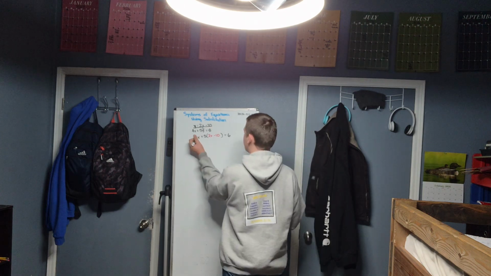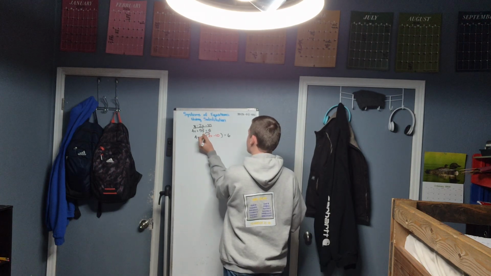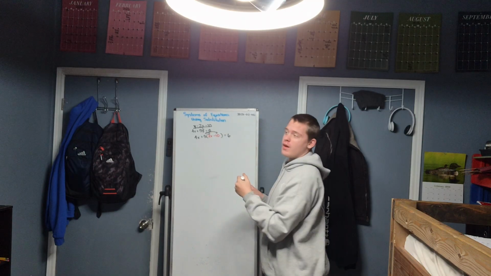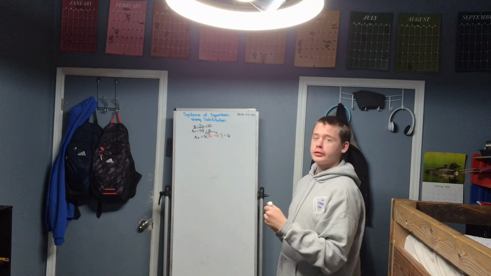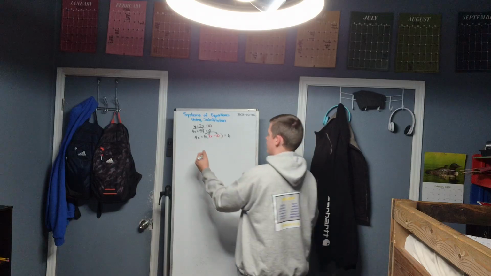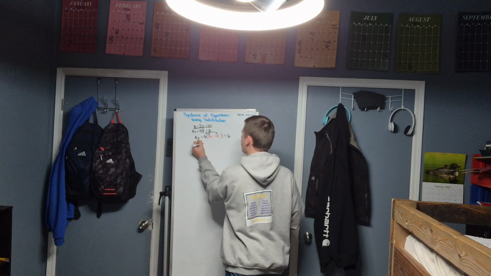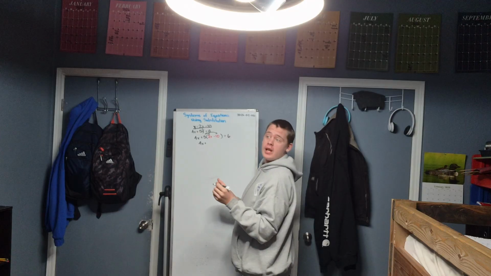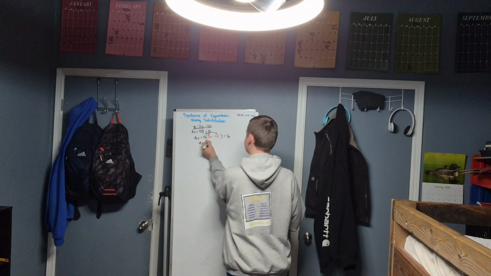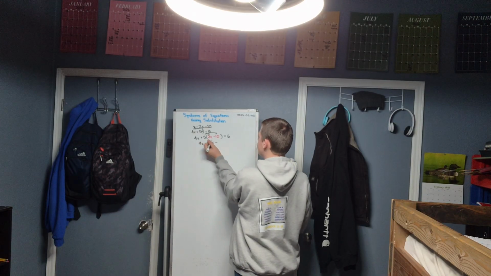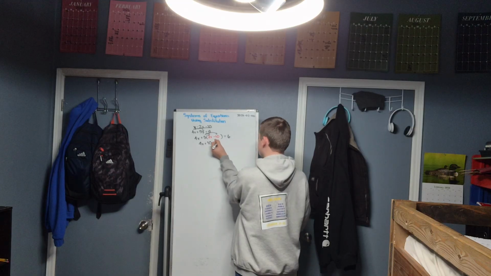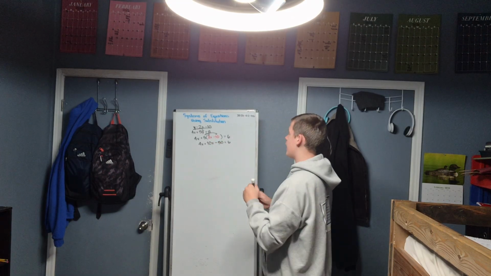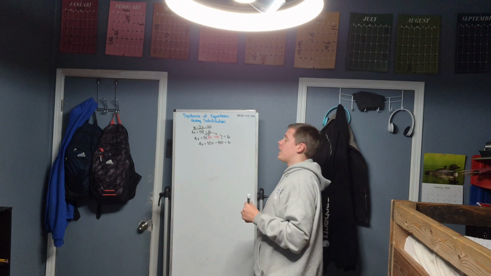So, 4x plus 5 times 2x, and then we have a minus 10. 5 times 2x is 10x, minus 5 times 10 is 50. Equals 6.